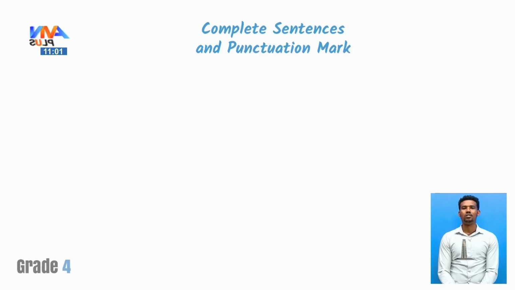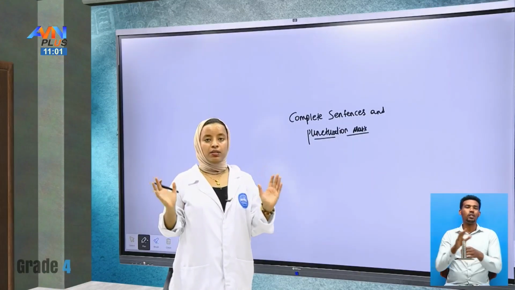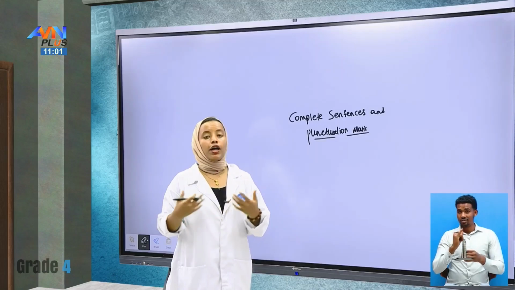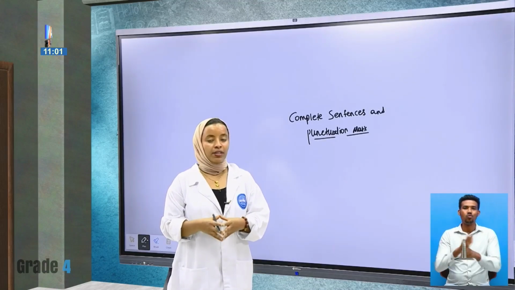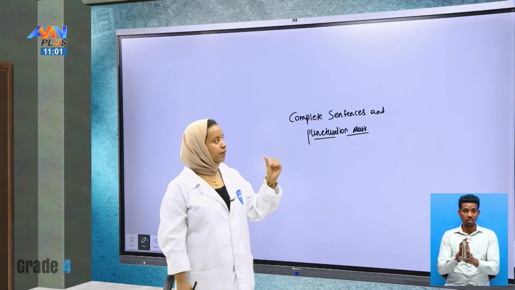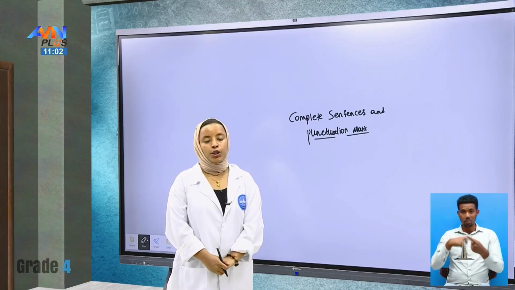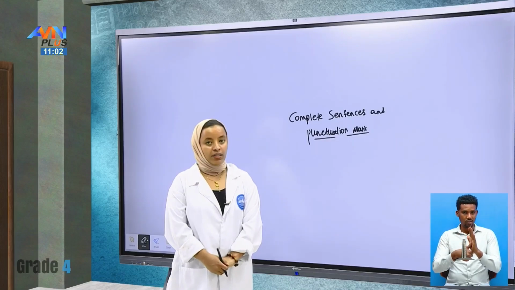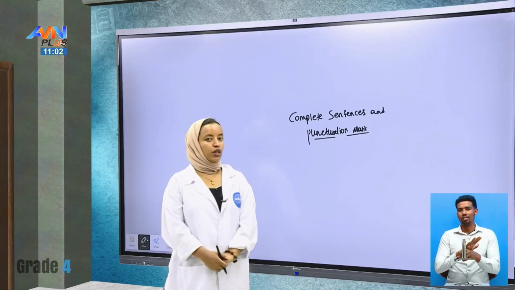This was our previous lesson. When we come to complete sentences, sentences are a group of words that gives the full and complete thought. That's the definition of a sentence. Punctuation marks are marks that give meaning to complete sentences. That's what they are used for.